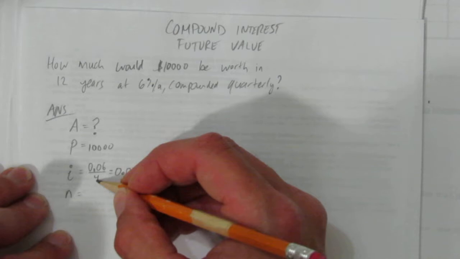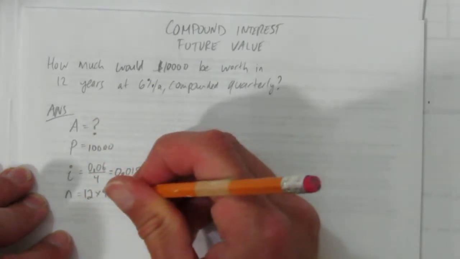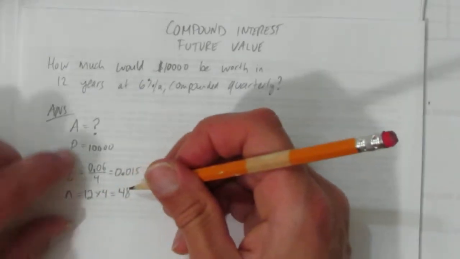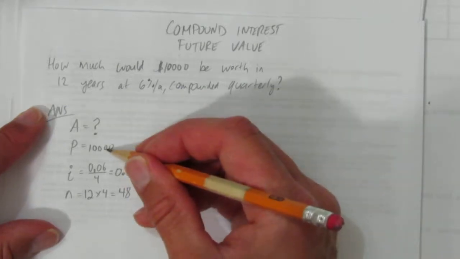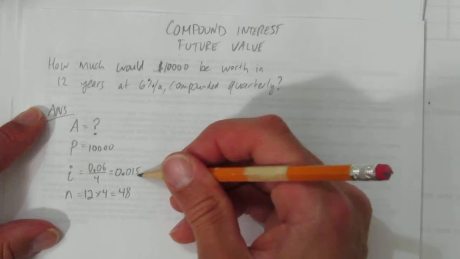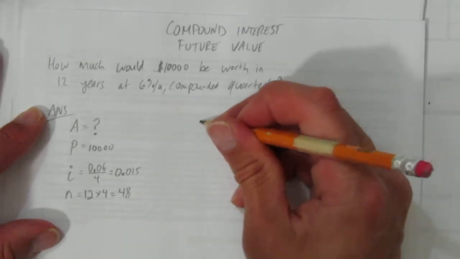You get 4 a year for 12 years, or 12 years times 4 interest per year. What's 12 times 4? 48. So we're going to solve for A using a starting value of $10,000 with interest of 0.015 every quarter for 48 times. Now let's use the formula.